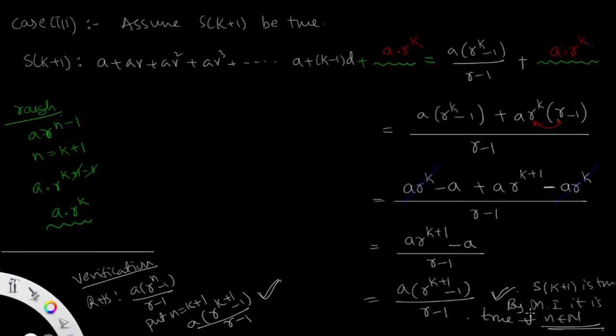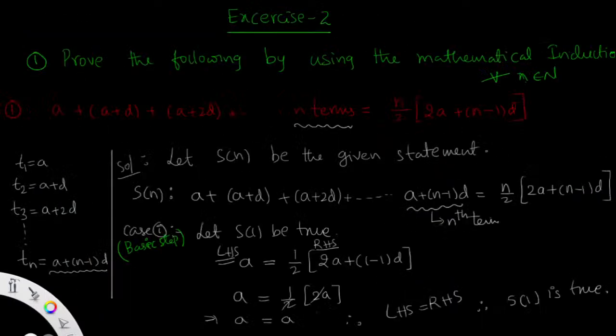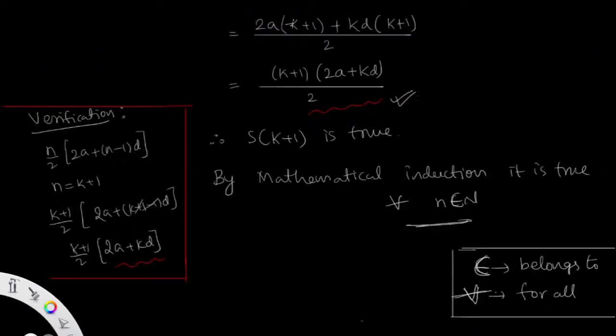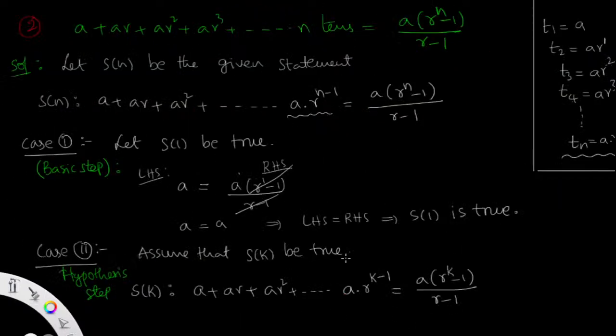Therefore, the first part is whatever the statement is given, S of n, nothing but the nth term by using the generalization step, that is a into r power n minus 1. So the first step is the basic step, S of 1 be true.